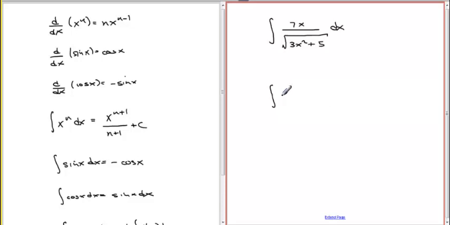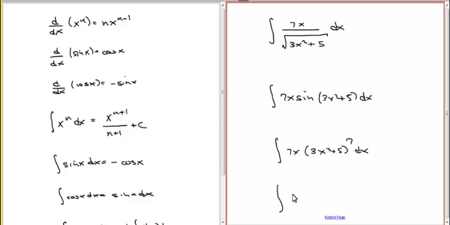If I had something like 7x times the sine of 3x squared plus 5 dx, or 7x times 3x squared plus 5 to the 7th power dx, or 7x divided by 3x squared plus 5 to the 4th power dx. These are all variations of the term.